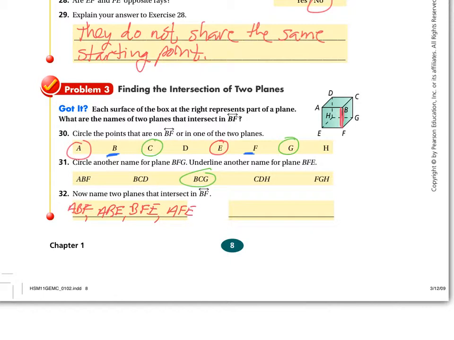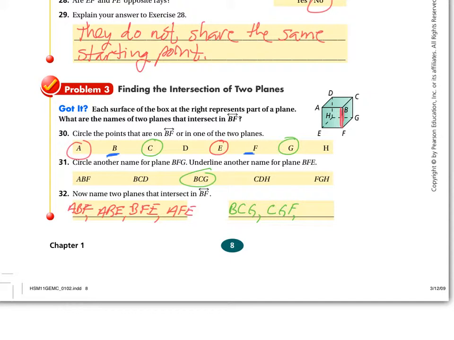What about the plane on the side? This one right here. What's one name? I heard it. C what? Say it loudly. Oh, BCG? Okay. BCG. That works, right? What else? C what? CGF.